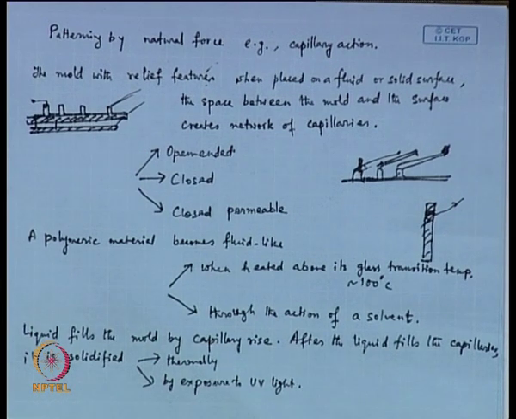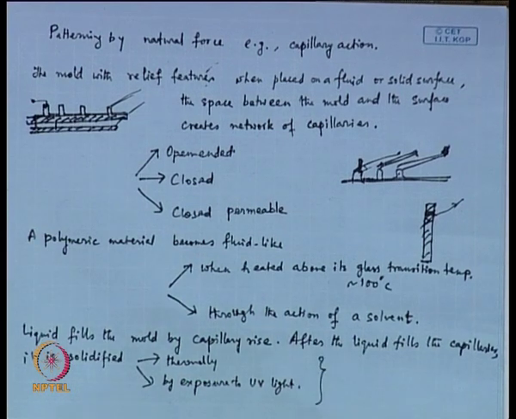Lot of times it is a pre-polymer, you have all the ingredients, but the solidification process is initiated once you expose that polymer to UV light. So, that is another possibility, and once this is solidified, you go for removal of the mold. So, the mold is removed.